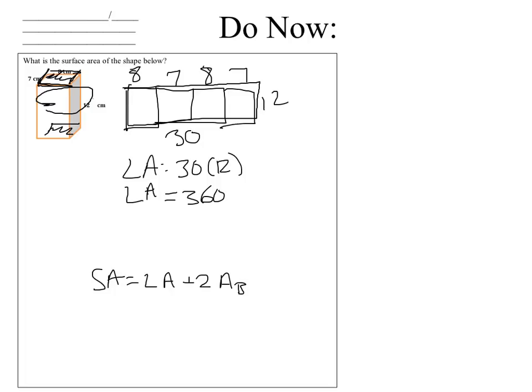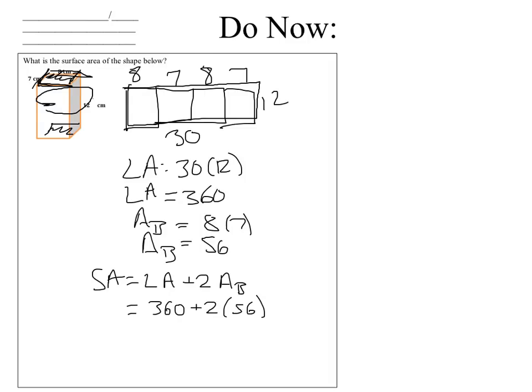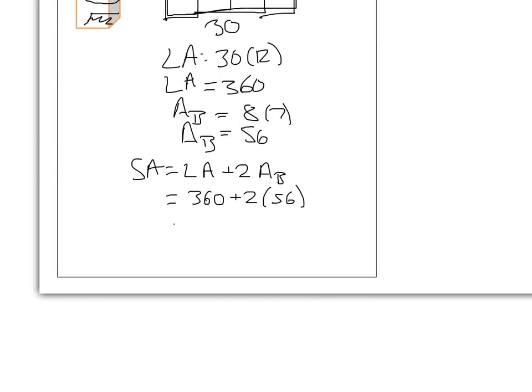Well, the area of the base is a rectangle that is 8 by 7, so that's equal to 56. So our lateral area, 360, plus 2 times 56 would be equal to 360 plus 112, which is equal to 472.